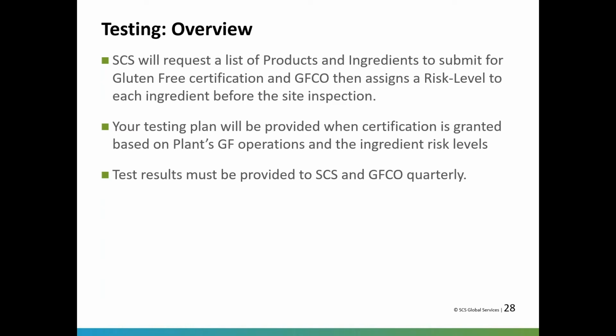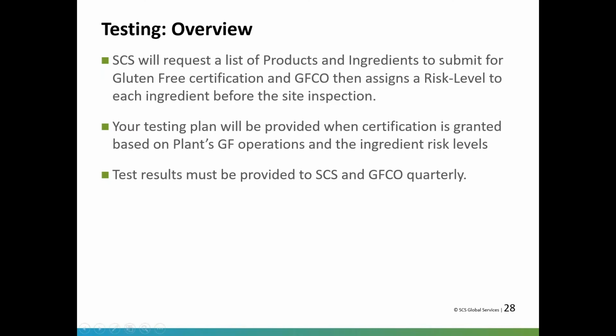I referred to those 5 risk levels before. Each of your ingredients is going to be assigned to one of those 5 risk levels, and your testing of ingredients is going to be based on those risk levels. Your testing plan is going to be provided by SCS when certification is granted, and it's going to be based on your plant's operations and also those ingredient levels.